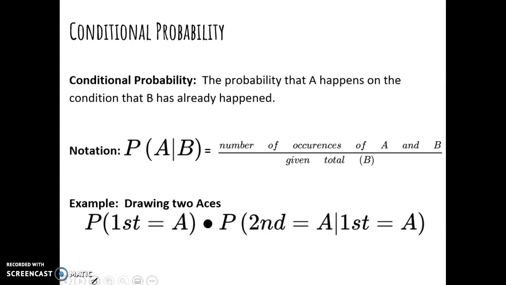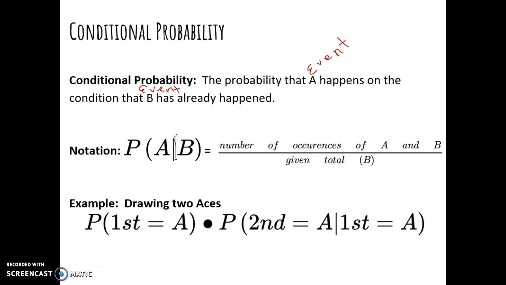So a conditional probability is the probability that event A happens on the condition that event B has already happened. The notation that we use is P parentheses, and then you list the first event, a vertical line, and then the event that already happened.